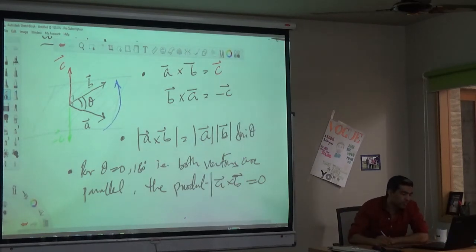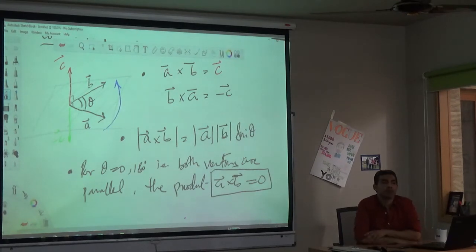So A cross B is going to be 0 only in one case, and that is when the vectors are parallel to each other.